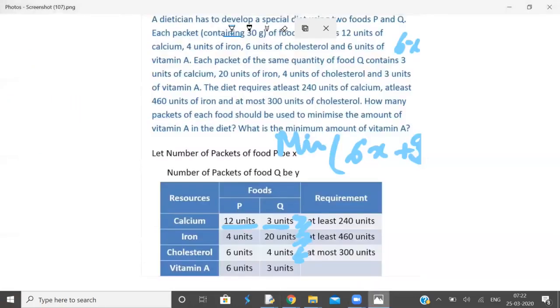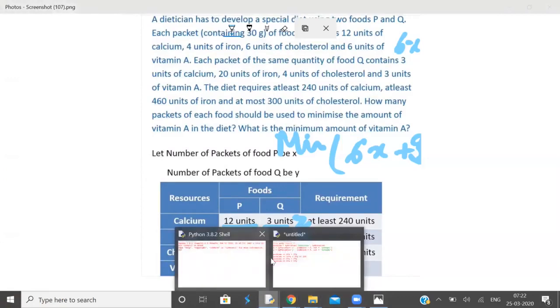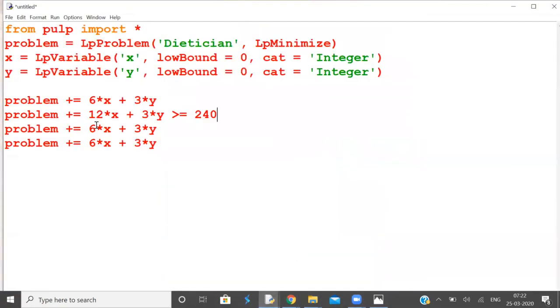Second constraint, 4X plus 20Y should be greater than or equal to 460.